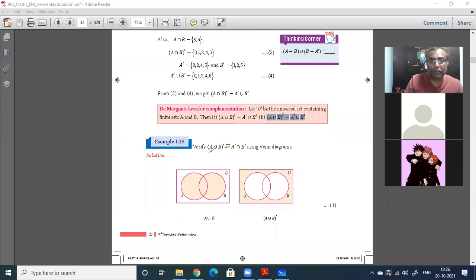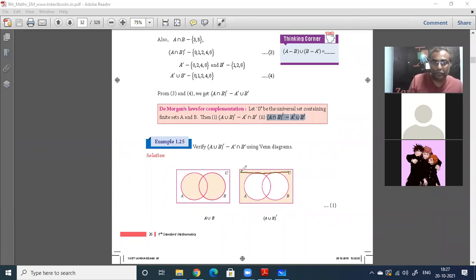First you have to find out A union B. What is A union B? This whole thing is A union B. What will be A union B complement? Everything else apart from that will be. So that is the A union B complement.